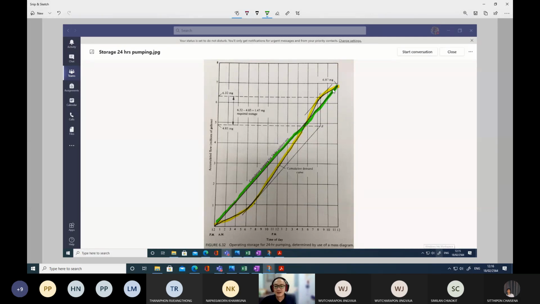Okay. So from this, you can determine the volume of the storage. Just listen carefully: the volume of the storage can be determined by establishing tangents parallel to the cumulative pumping rate.